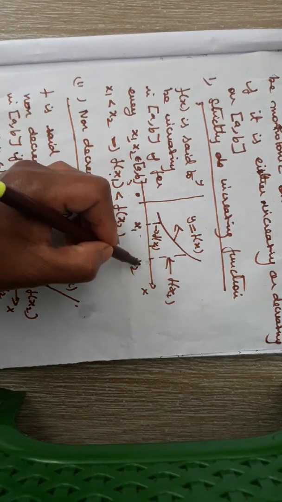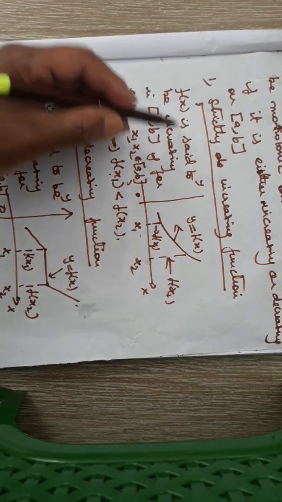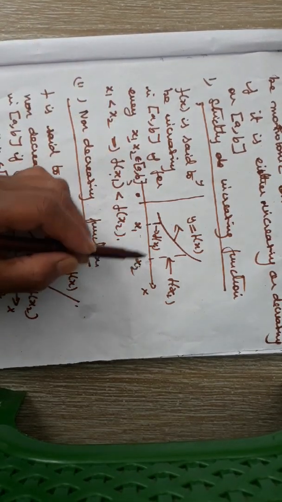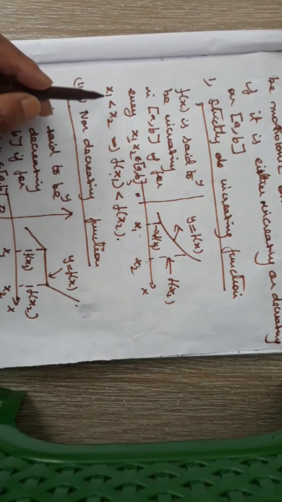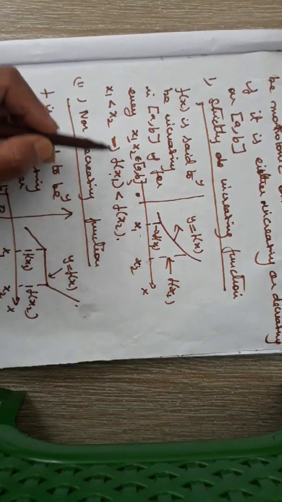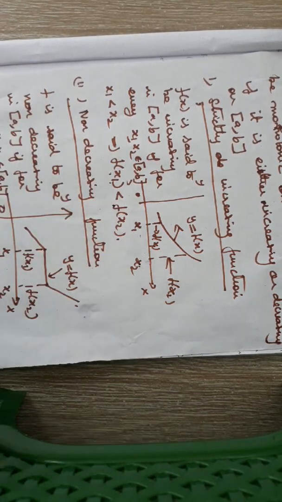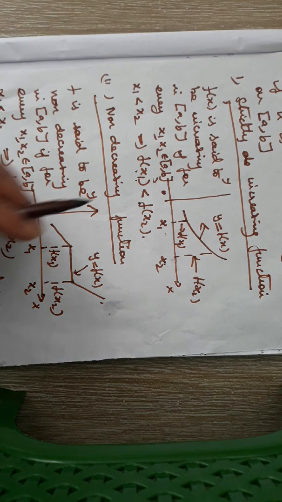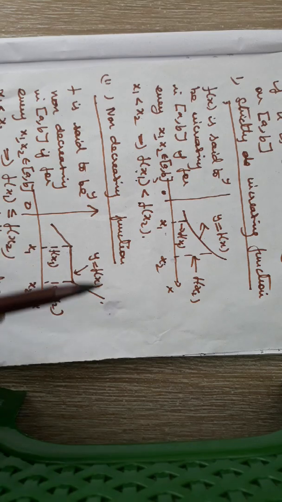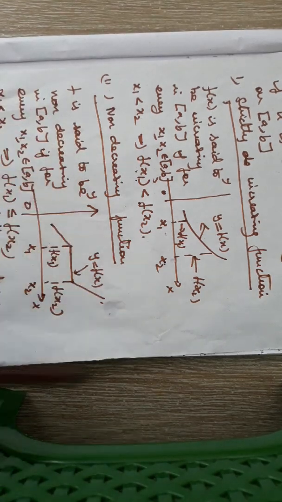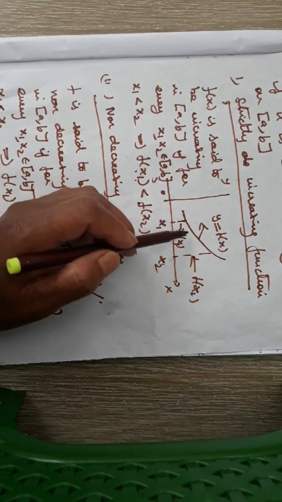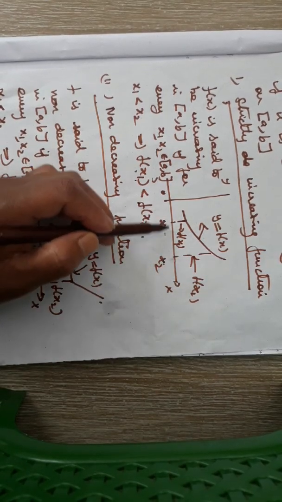You take any two points x1 and x2. f(x) is said to be increasing on closed interval AB if for every x1, x2 belonging to closed interval AB with x1 less than x2, it implies that f of x1 is less than f of x2, which means that the value of f(x) will increase with the increase in the values of x. As you can see here, the values of f(x) keep on increasing with the increase in the value of x.